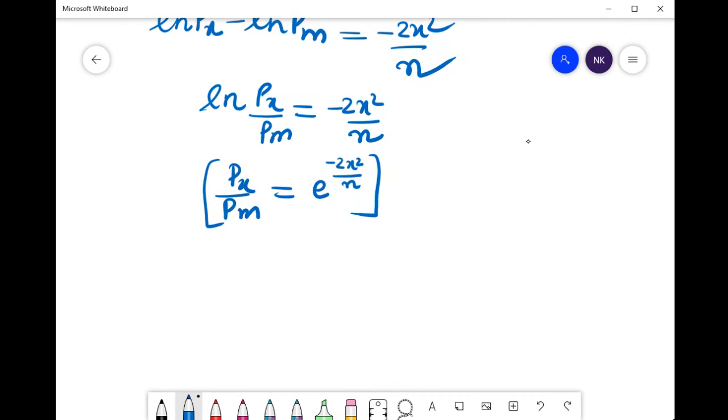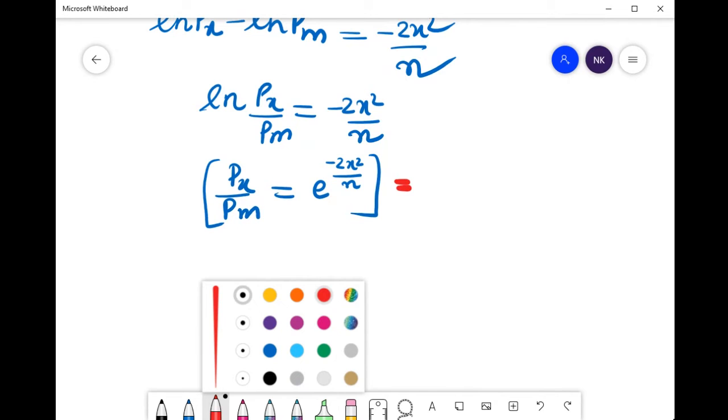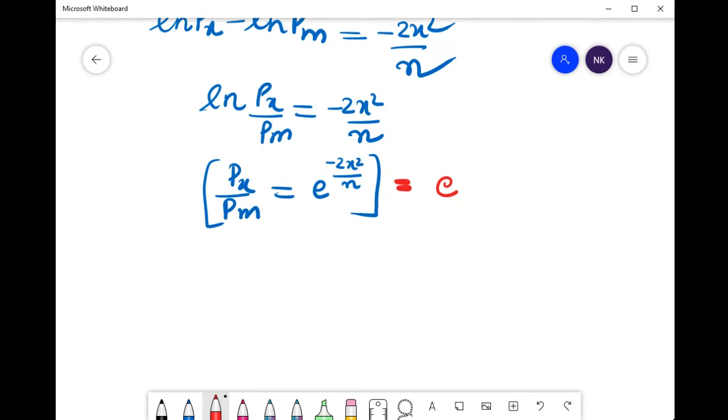Okay, so if I just split this minus 2x square, what I will get is e raised to minus n by 2 times 2x upon n whole square. I am not doing anything else, just multiplied numerator and denominator by n by 2.